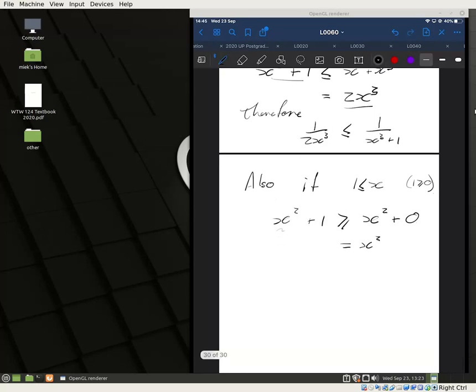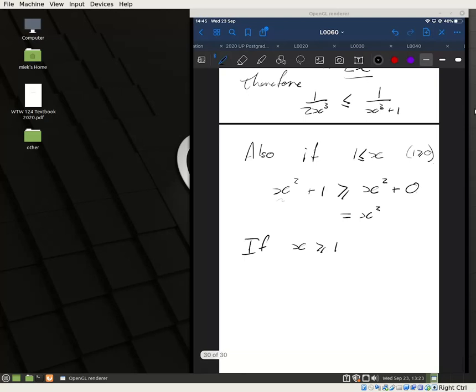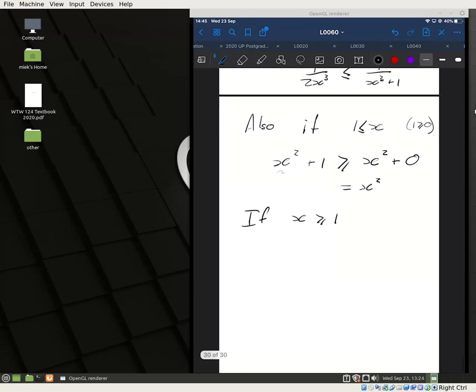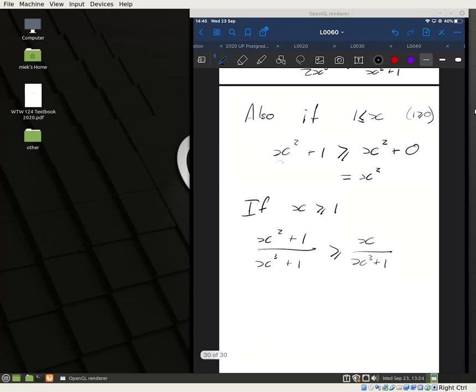Now let's see what happens. Let us reiterate: under the condition that x is bigger than 1, take a look at our expression of interest, x squared plus 1 over x cubed plus 1. That is bigger than x squared over x cubed plus 1.